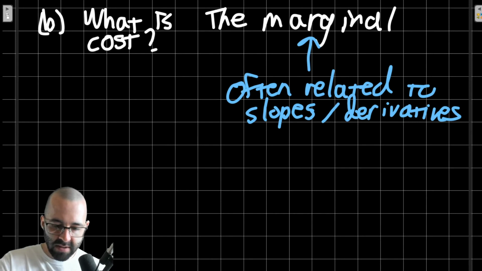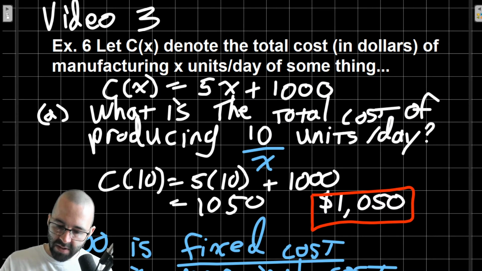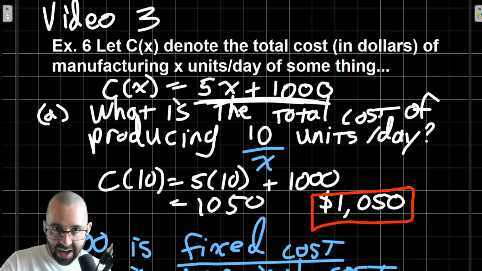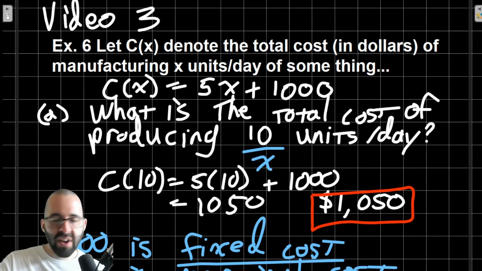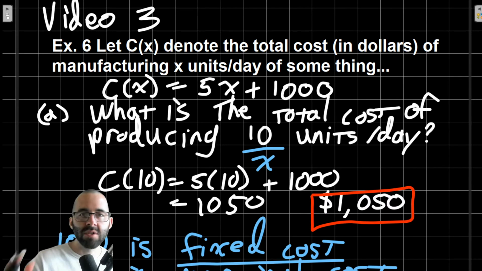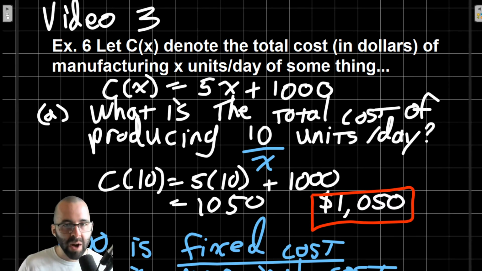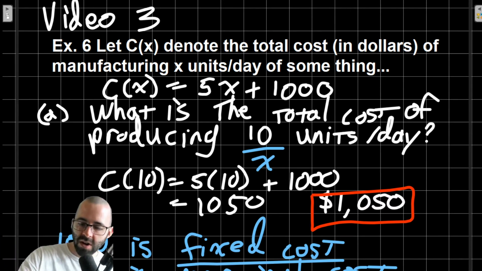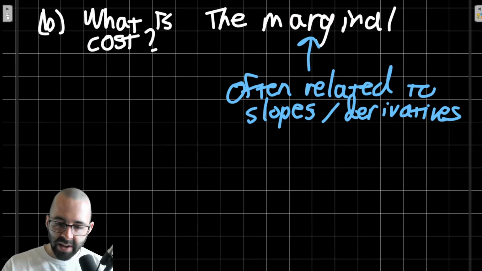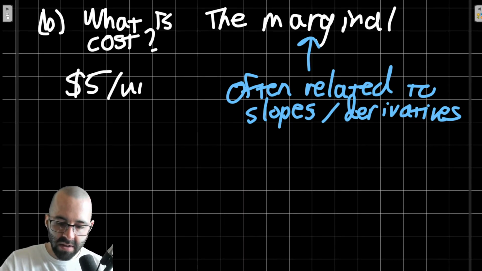So in this problem, this is our equation. The slope of this equation is the 5. So the slope is 5, marginal cost is $5. The y-intercept, 1,000, that's the fixed cost. So slope and y-intercept is just marginal cost, fixed cost. We already answered this before. Marginal cost is $5 per unit.